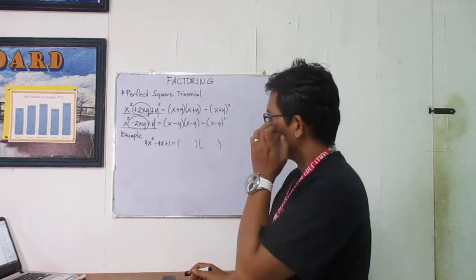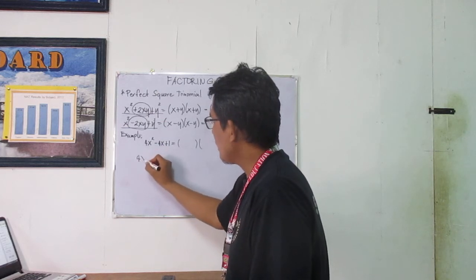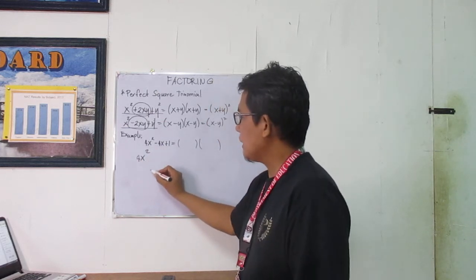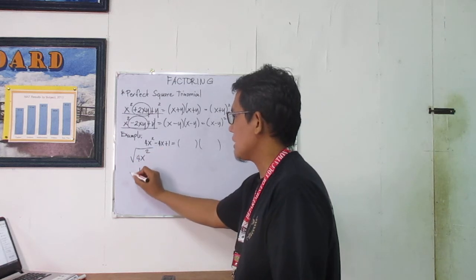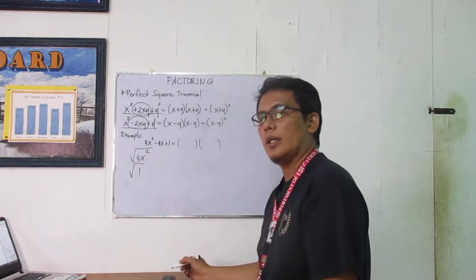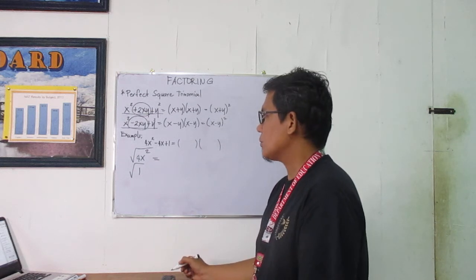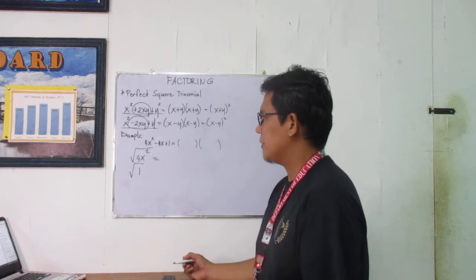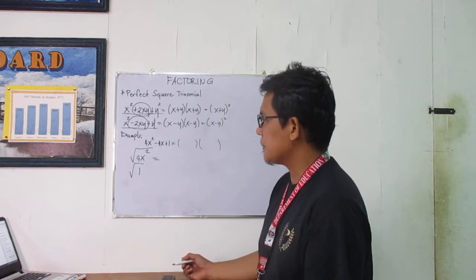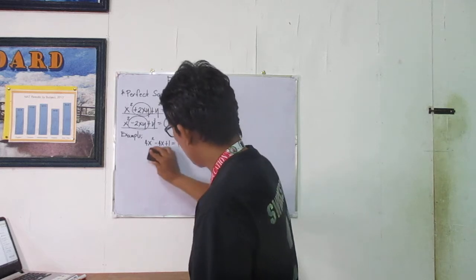Okay? So here, for our first term, 4x squared, what we're going to do is get the square root of this one. And for our last term, get the square root of 1 also. So what is the square root of 4x squared? Or you may find an expression that is multiplied by itself. I think that is easier.